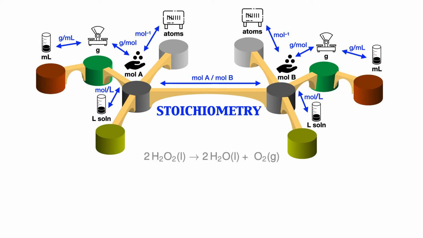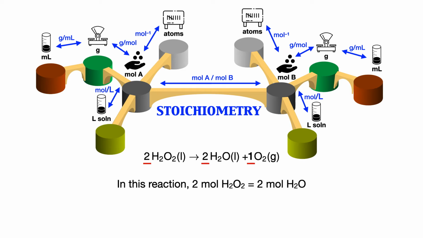For instance, hydrogen peroxide, H2O2, can decompose into water and oxygen gas. And the chemical equation tells us that the relative amounts of the substances involved in this reaction are 2 to 2 to 1. And so in this reaction, 2 moles of hydrogen peroxide will produce 2 moles of water.